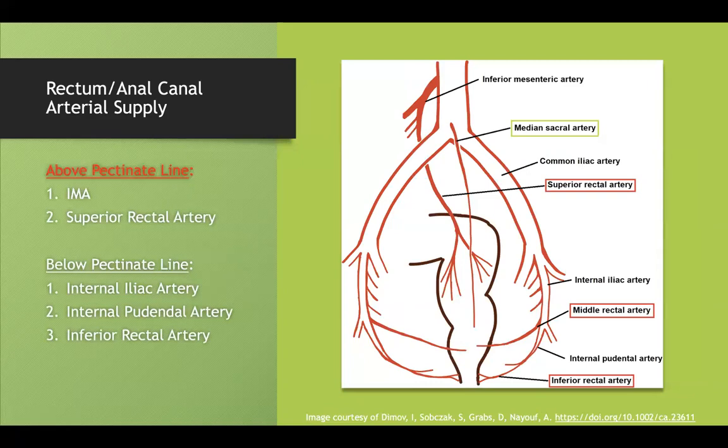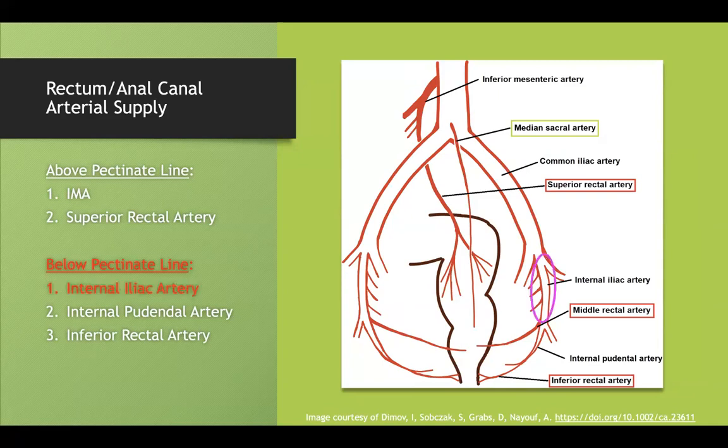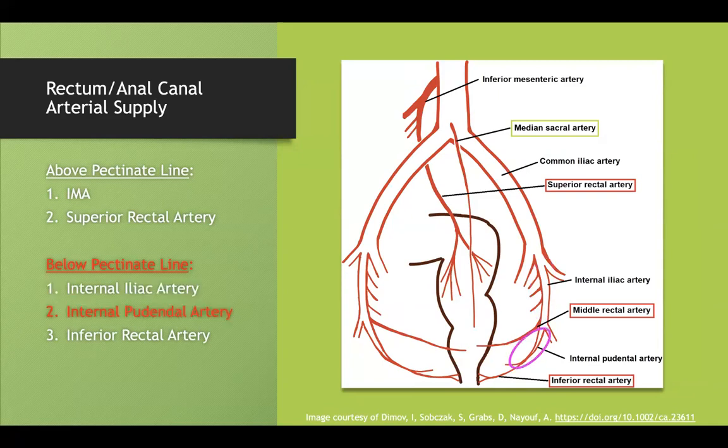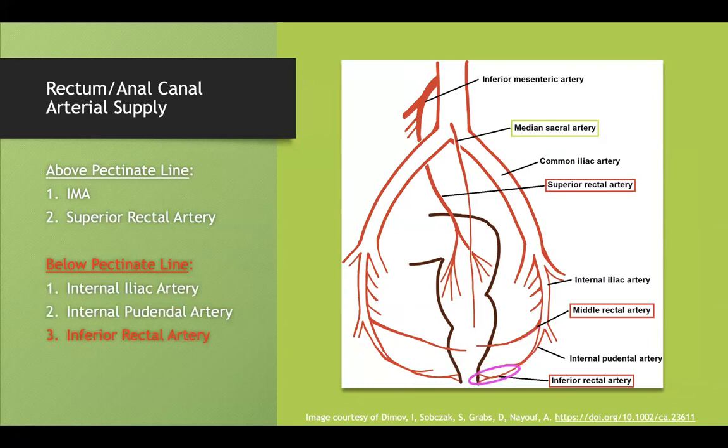So if we look at above the pectinate line, remember this is part of our hindgut, and because it's part of our hindgut, the blood will start from the inferior mesenteric artery and ultimately reach this superior rectal artery. On the other hand, the regions below the pectinate line will be supplied by your internal iliac artery, followed by your internal pudendal artery, before reaching either the inferior rectal artery or the middle rectal artery.